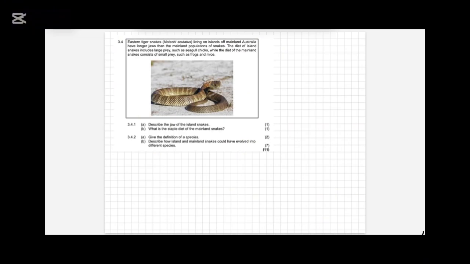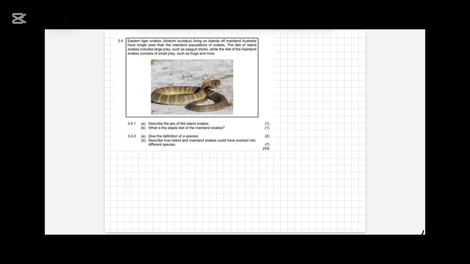Now let's look at another example. They say eastern tiger snakes living on islands of mainland Australia have longer jaws than the mainland population of snakes. The diet of island snakes includes large prey such as seagull chicks, while the diet of the mainland snake consists of small prey such as frogs and mice. The first question says, describe the jaw of the island snake.